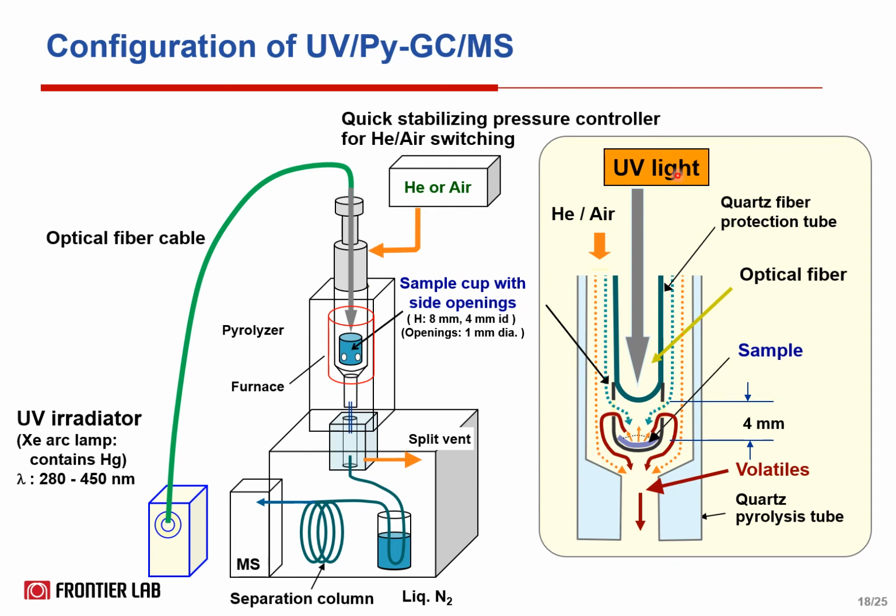This is enlarged figure. UV light, and here is sample cup, and this is sample. The sample can be heated to any desired temperature under, for example, air during UV irradiation.